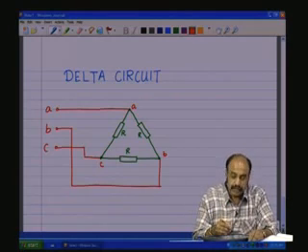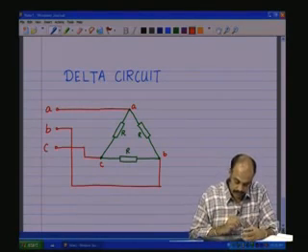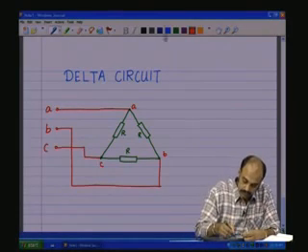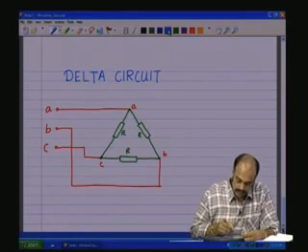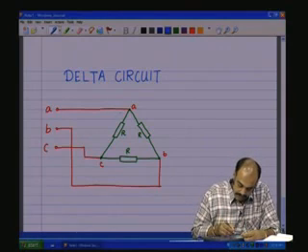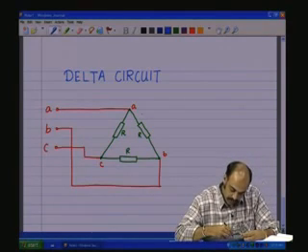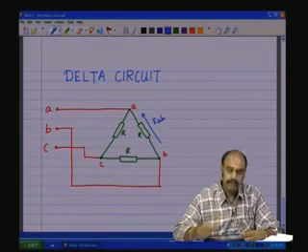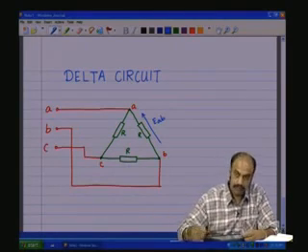Now, here let us define the various parameters. Now, A to B, we shall call this as EAB.